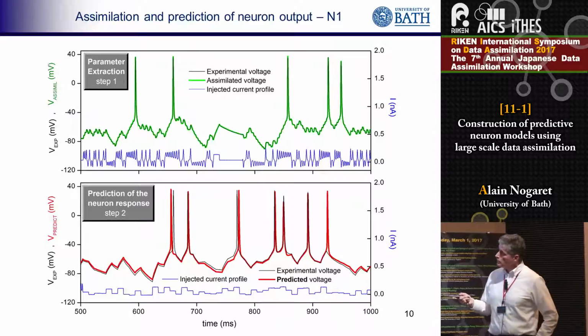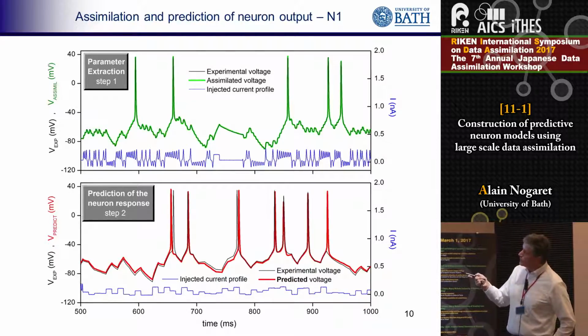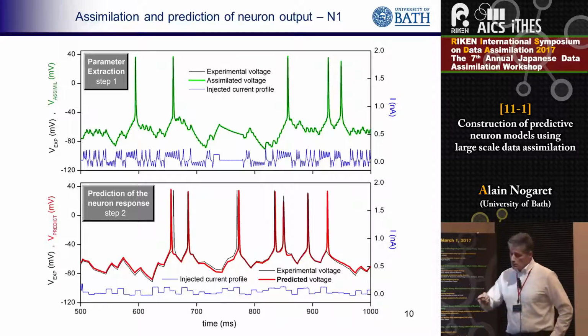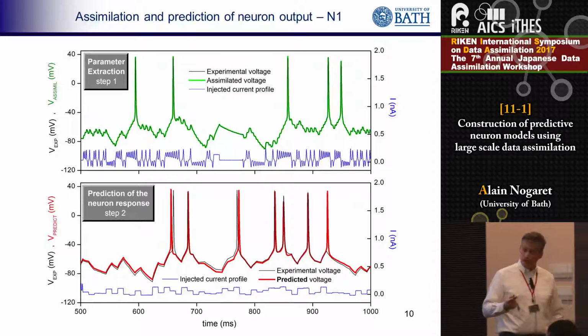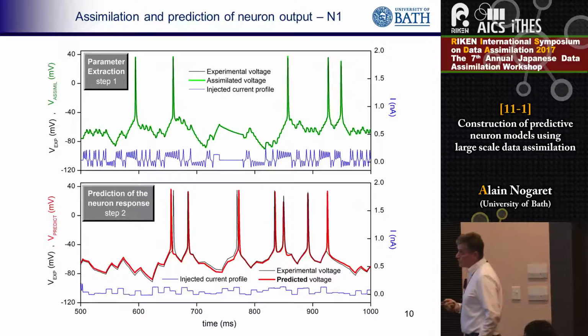So I'll go through that briefly. In this diagram, the black line is the experimental voltage. This is behind the green line. This is the voltage measured on the neuron when the neuron is stimulated by this current protocol here. And then you assimilate this data over this time window here.